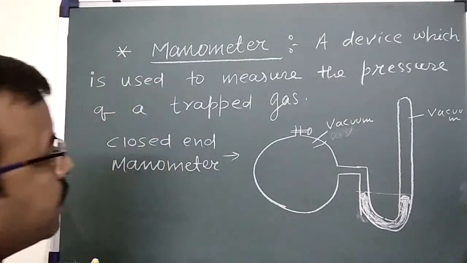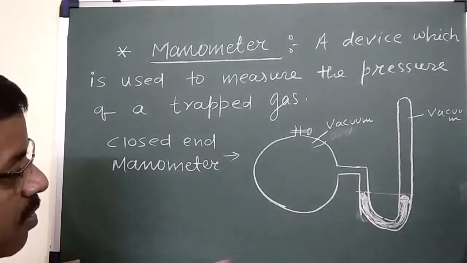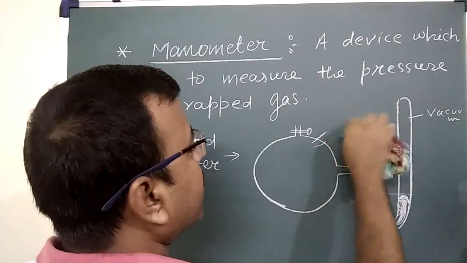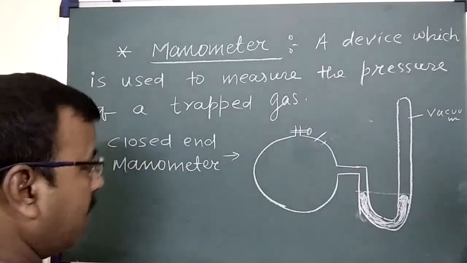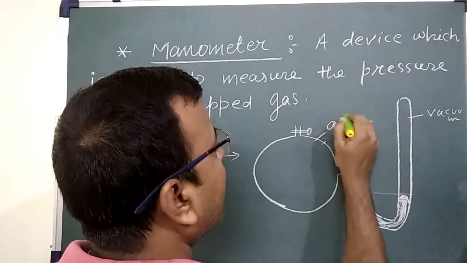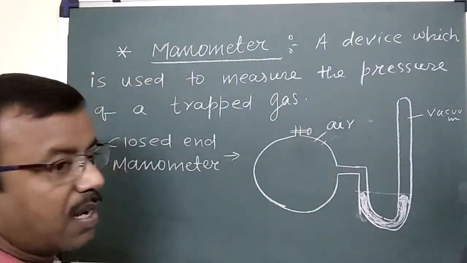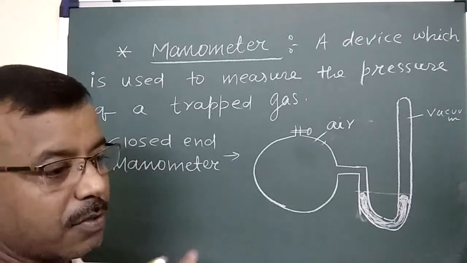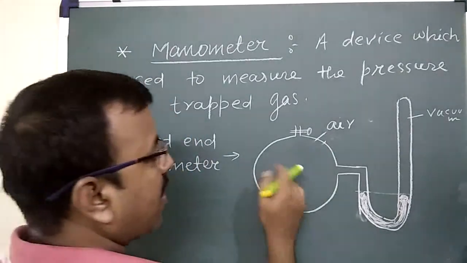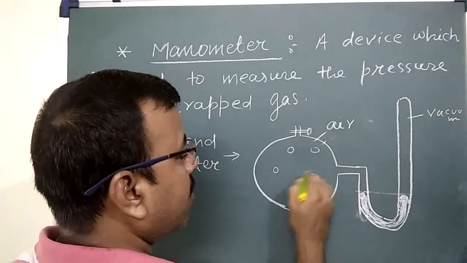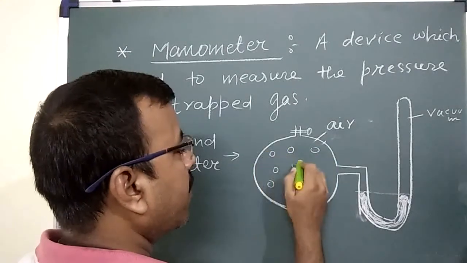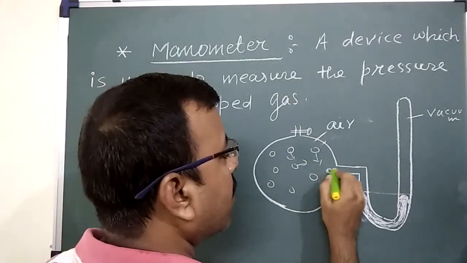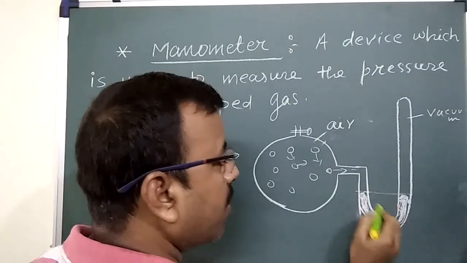Here see, I am going to draw another picture, I am filling air in it. So what will happen? If air is allowed at normal pressure, you know that air will exert 1 atmospheric pressure. So when it is allowed, these are the molecules of air, then it will exert pressure on this mercury level.